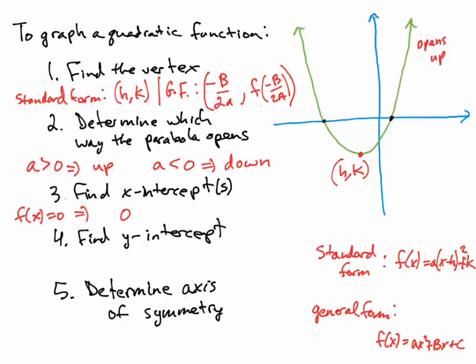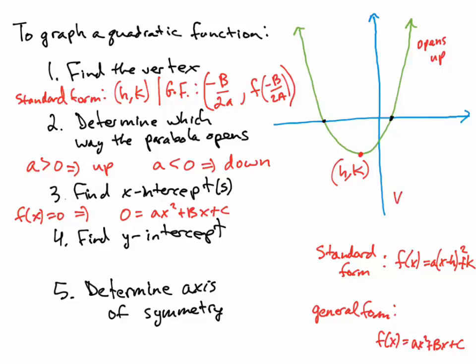So in other words, we say 0 equals ax squared plus bx plus c. So we need to solve that equation, and we'll see how to do that here when we look at an example. So again, there could be 2 x-intercepts.